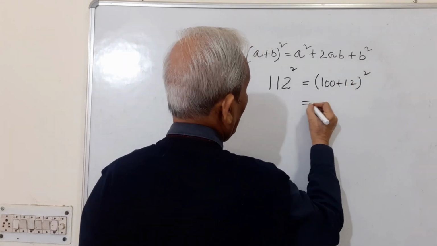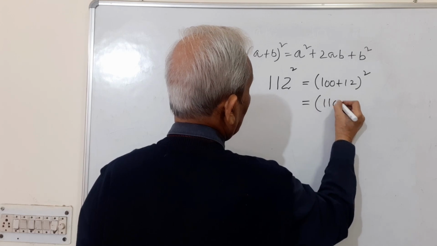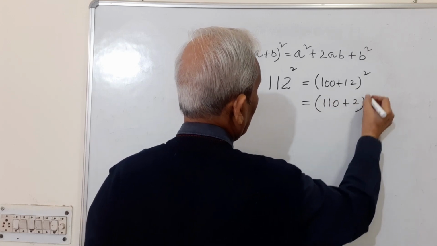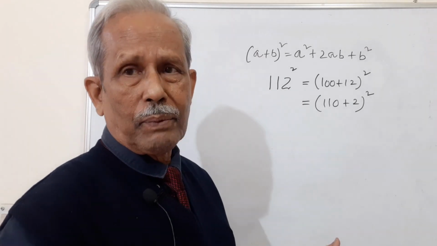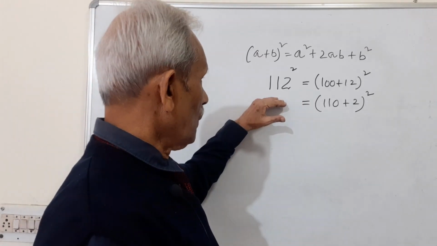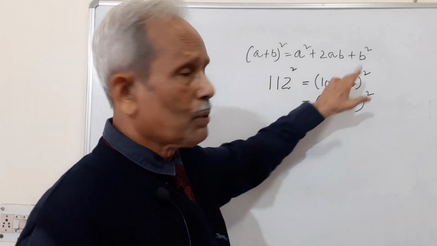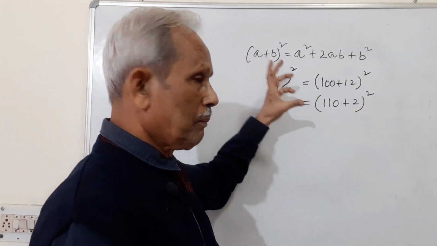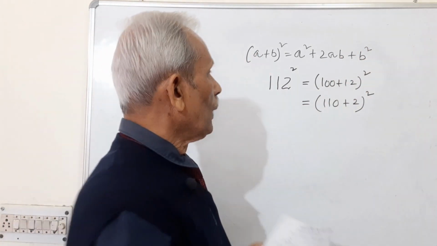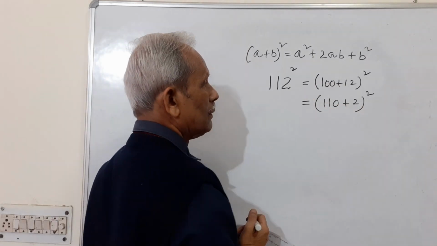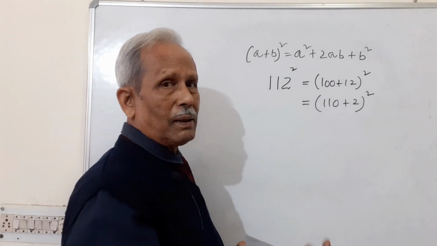This can also be written as 110 plus 2 whole square. And we can get the answer both ways by the same method that we have done. 112 can be written as 100 plus 12 square. 112 can be written as 110 plus 2 square. We can take any of these, we'll get the same answer.